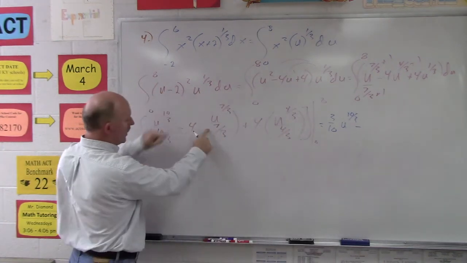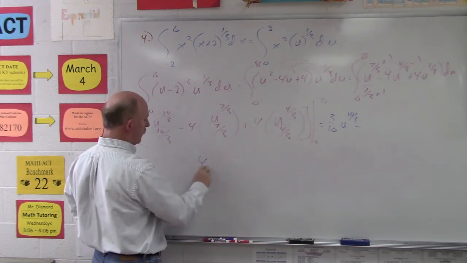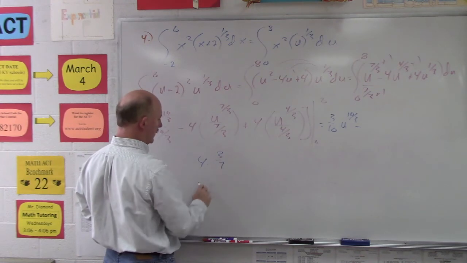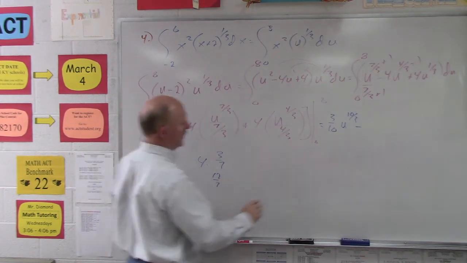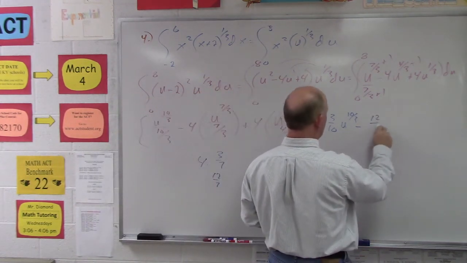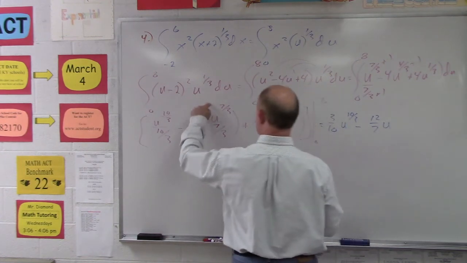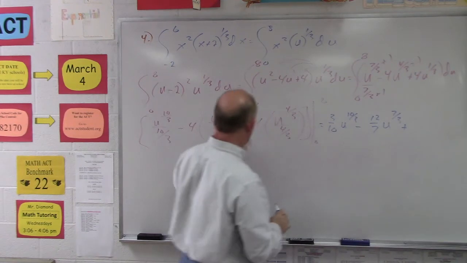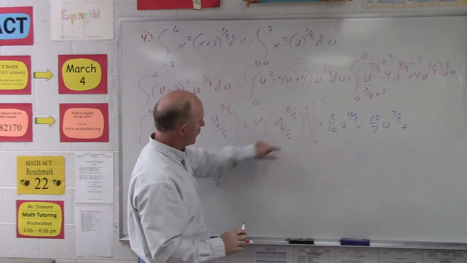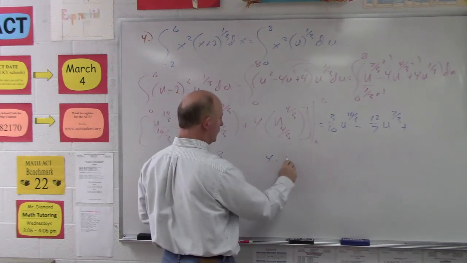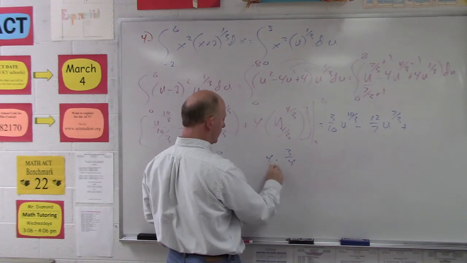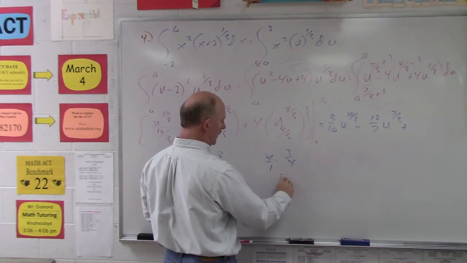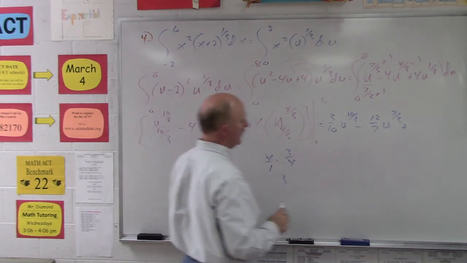Now when you invert and multiply 7/3 and 4, you have 4 times 3/7, which makes 12/7. So this becomes minus 12/7 u to the 7/3 power. Plus, now 4/3, invert the 3/4, so it becomes 4 times 3/4. The 4s will cancel out, and that gives us just 3. It'll be plus 3.